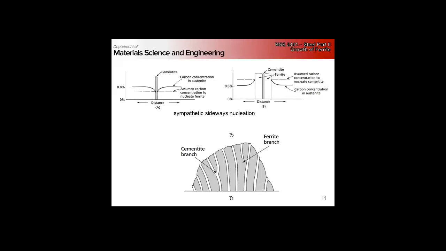We've got a couple different ways we can grow, right? We can add new layers growing along the austenite grain boundaries. We can grow by making the existing laths longer, or we can branch.